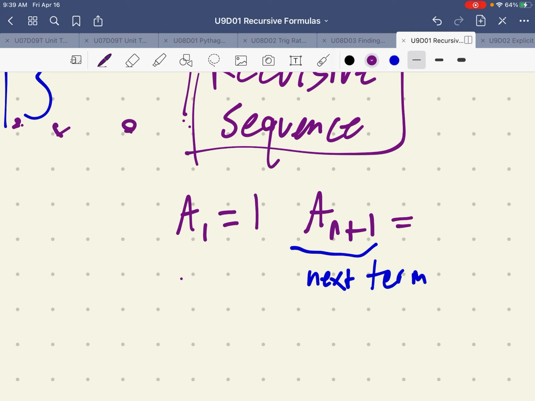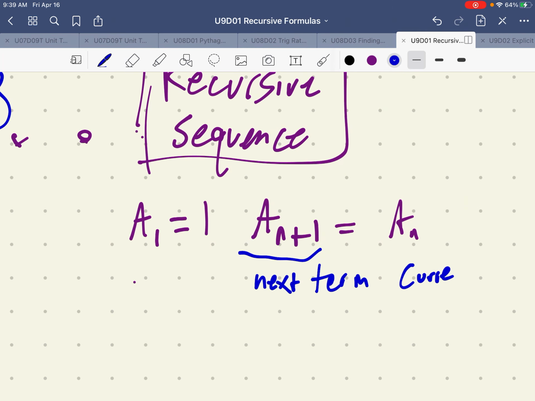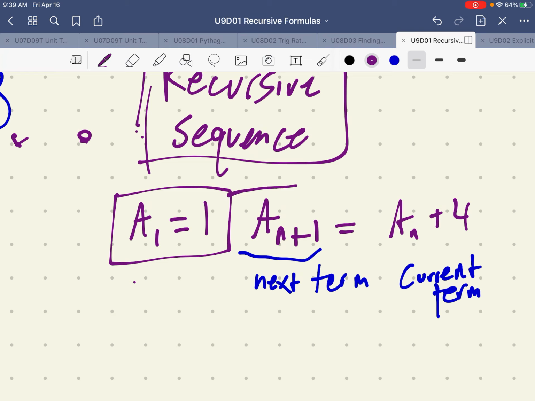I take the current term, which is AN, so AN means current term, and we're going to add 4. So this is the rule. So you need both of these things. You need a starting term, and you need a rule in order to have a recursive sequence.